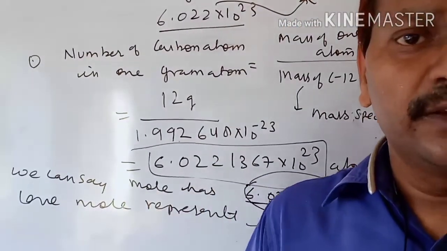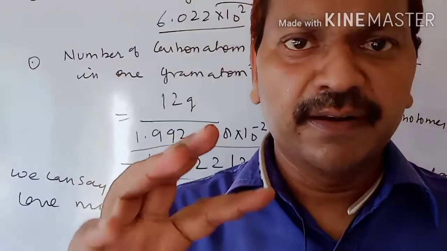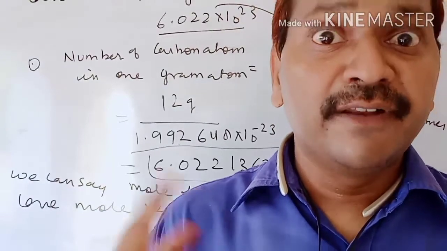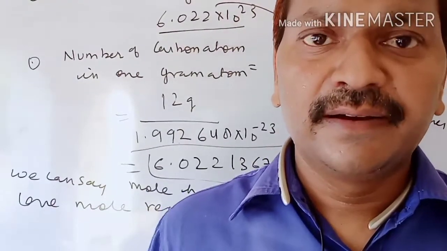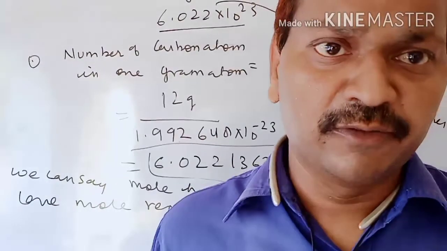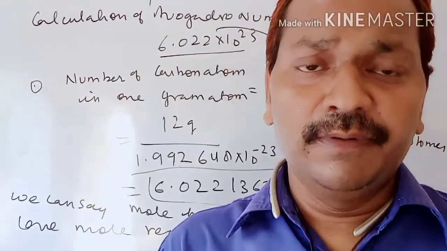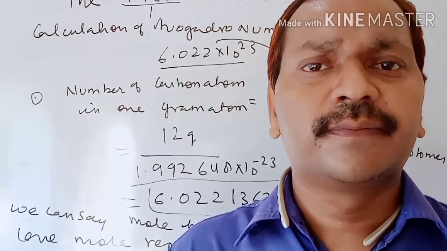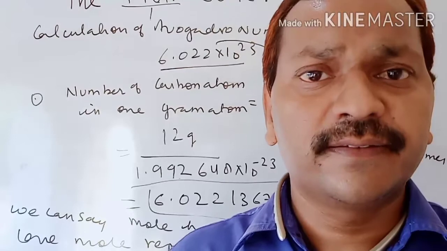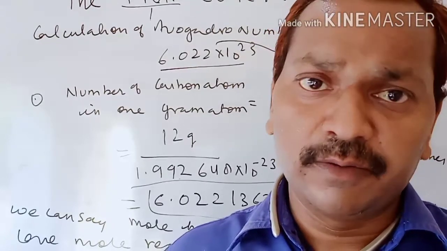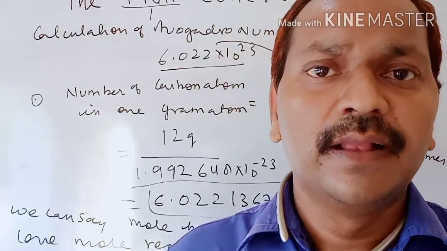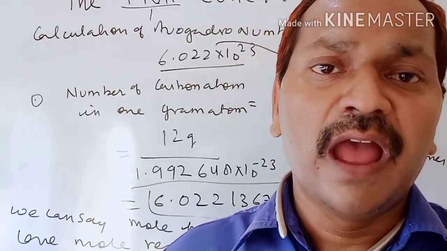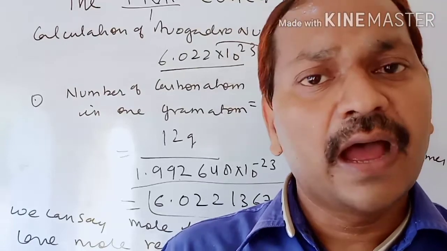Now children, in this video we have studied several important facts related to the mole concept, then the definition of the mole concept, and then the calculation of the Avogadro number. Now in the next video we will work on the mole concept used in absolute masses, the actual mass of atoms and molecules, and the mole concept as used in ionic compounds.